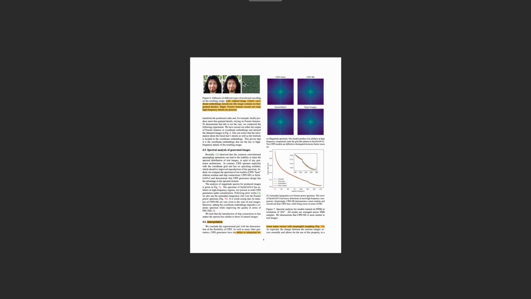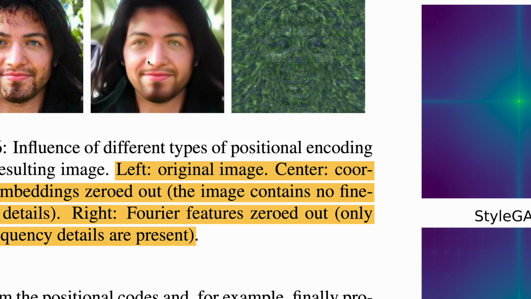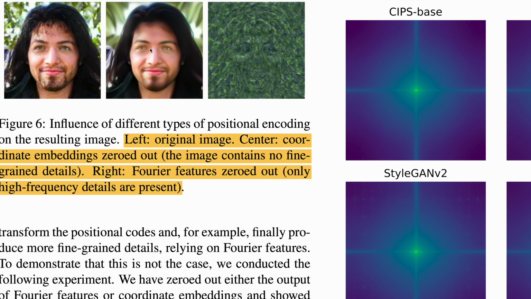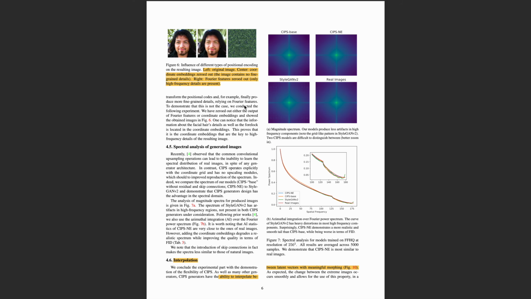They also show interesting results here. I believe the leftmost side is with both encodings. The image in the middle is only with the Fourier features. On the top right is only with the coordinate embedding. So you can clearly see that the coordinate embedding is responsible for the high frequencies and the Fourier features for the low frequencies.